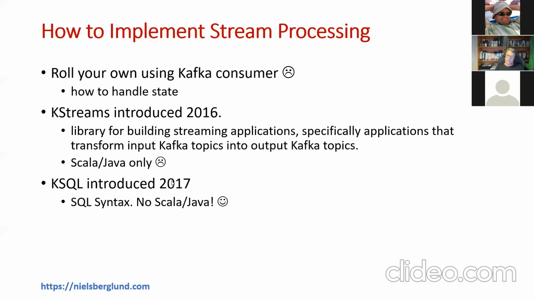As I said, we are all database developers at heart. Everyone knows select star from. So we write SQL syntax to achieve the same thing we do with K-streams. It is not a one-to-one parity, but it is very, very close, and you can do almost everything in ksql that you can do in K-streams.